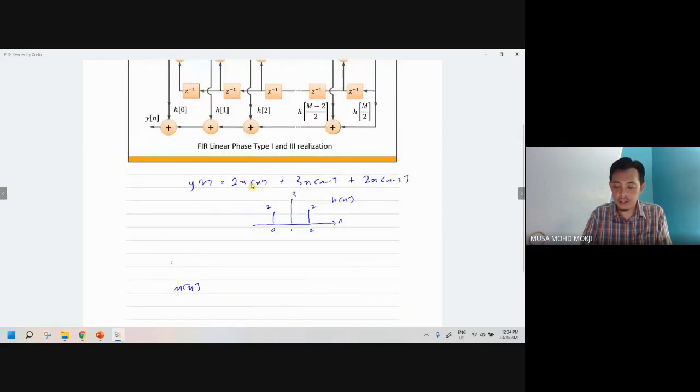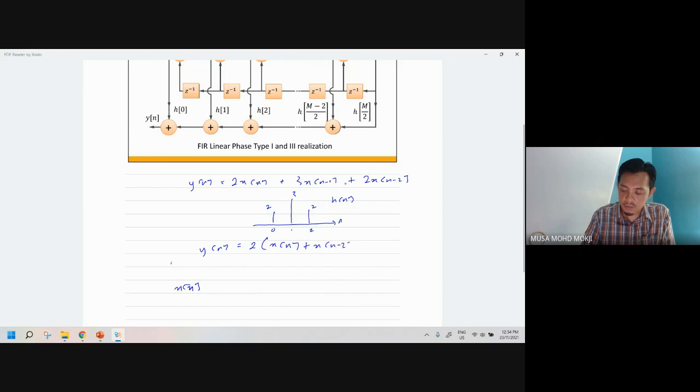It is because this is symmetric. So we can rearrange that into 2 multiplied by x[n] plus x[n minus 2], plus 3x[n minus 1]. Instead of 3 multiplications, now we have 2 multiplications. Summation is 2, so still 2. Number of memory is still 3, because we are just reducing the number of multiplications here.